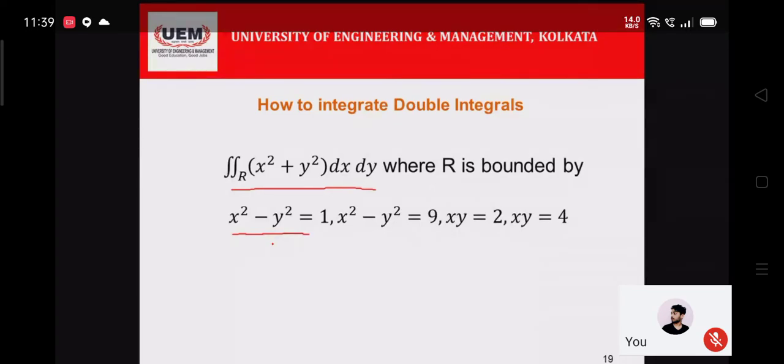This is a well-known curve. And also this one. What do these two represent? Hyperbola. So this is the hyperbola, and this is a rectangular hyperbola, right?